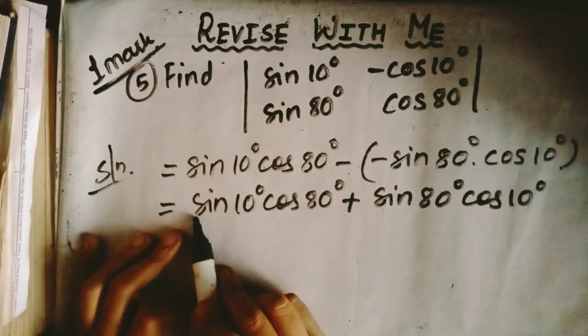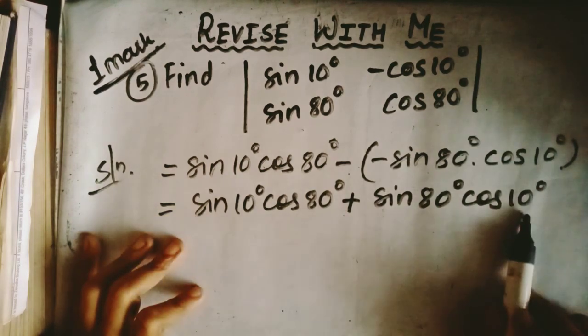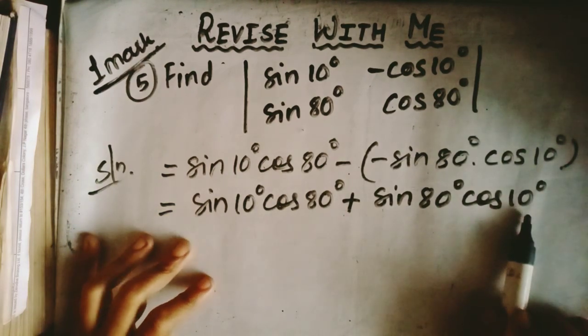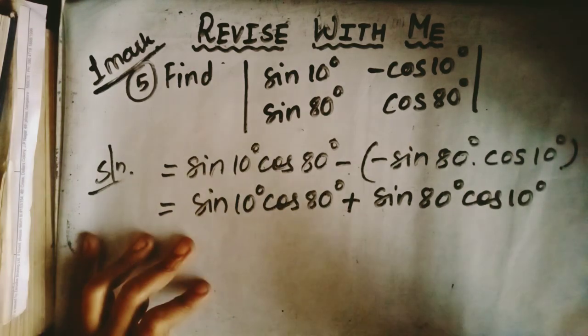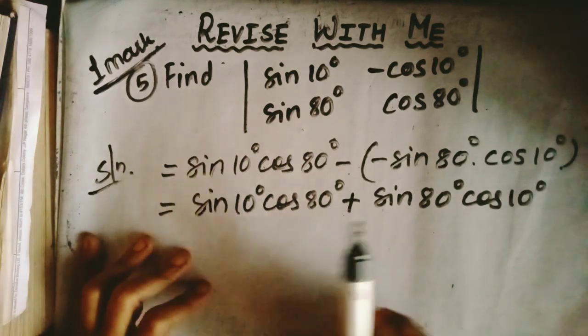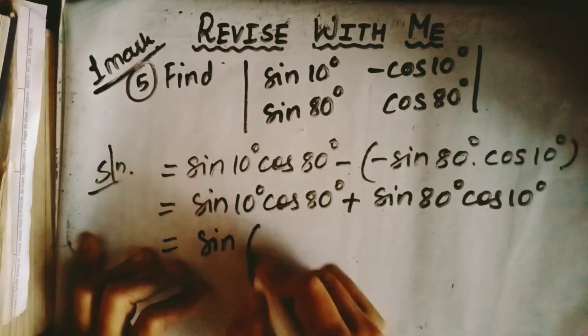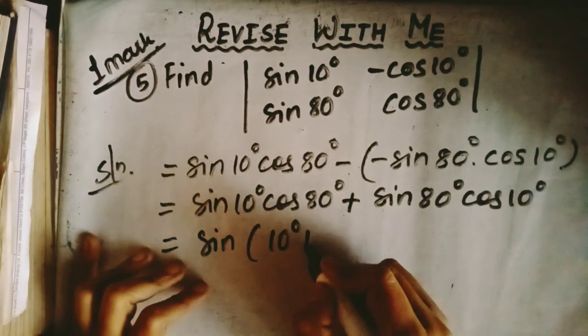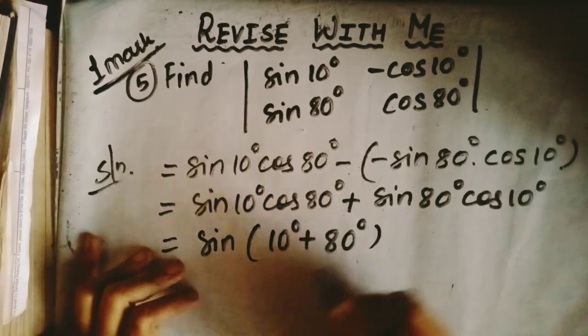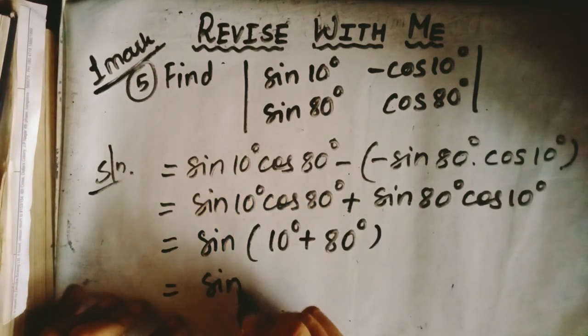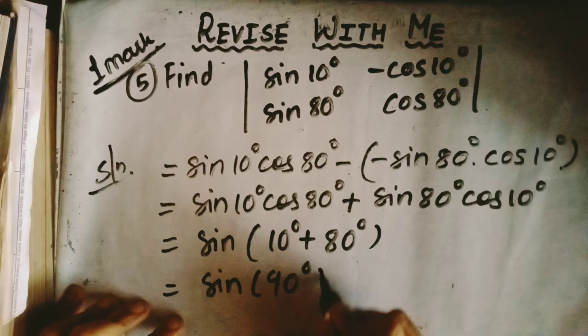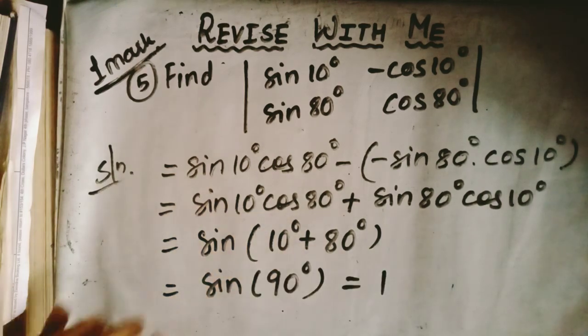If you can remember, this is your trigonometric identity, that is sine a plus b. Okay, here a is 10, b is 80. So we can use sine a plus b. So sine 90, which is 1. Okay.